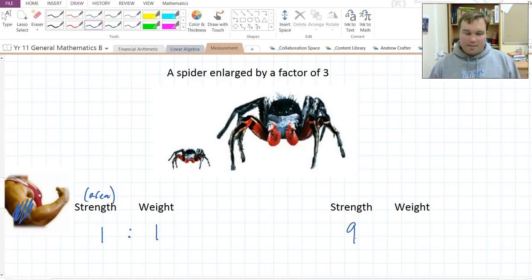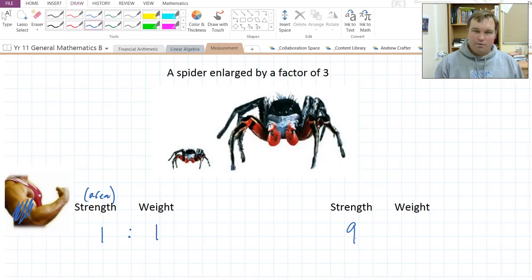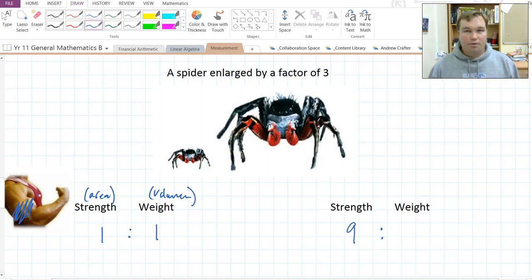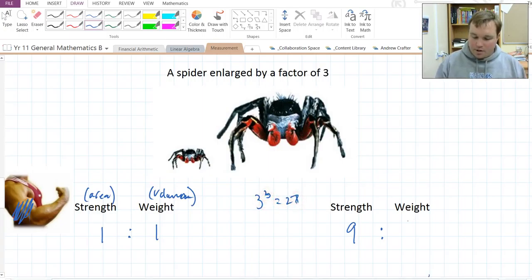So an ant that's been enlarged by a factor of 3 is 9 times as strong as it was before, which is pretty scary, right? Look at weight, though. Weight is proportional to volume. And what do we do with volume? Well, volume is 3 to the power of 3, which is 27. So its weight is 27 times as large as it was previously.